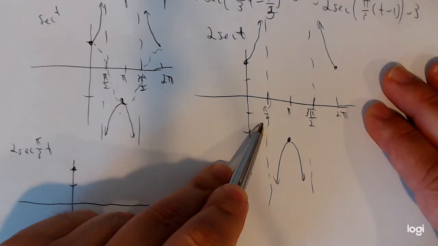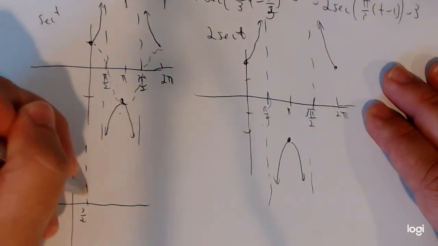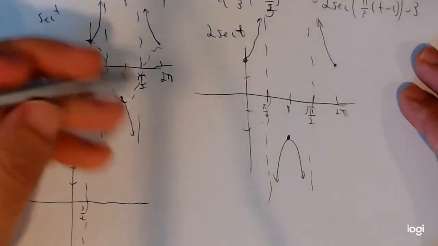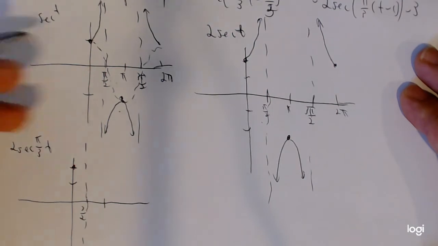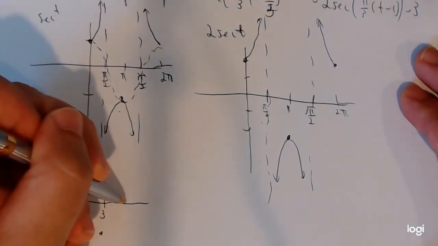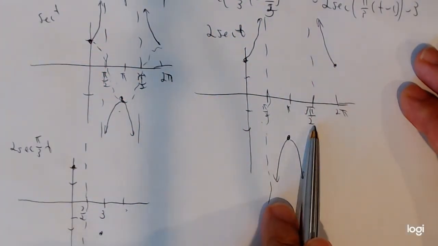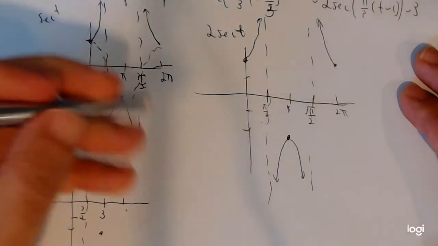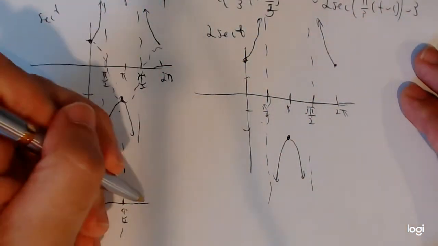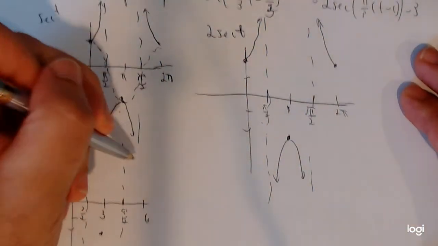If I multiply it by 3 over pi, it just becomes 3 halves. We have a vertical asymptote at 3 halves. And then at pi, if I multiply it by 3 over pi, it just becomes 3. So at 3, it's negative 2. 3 pi over 2, if I multiply 3 pi over 2 by 3 over pi, that just becomes 9 over 2. We have a vertical asymptote. 2 pi, if I multiply that by 3 over pi, that becomes 6. And that's 2.